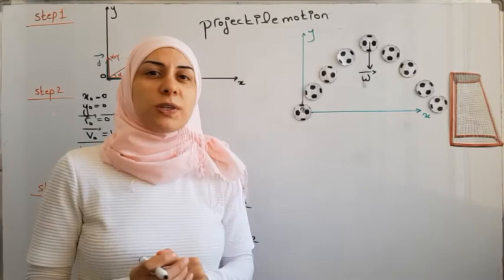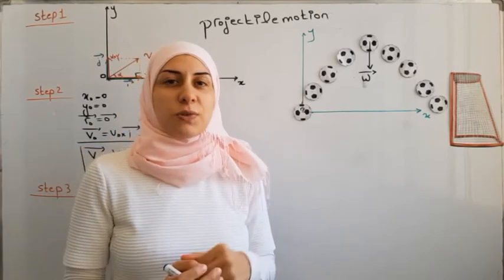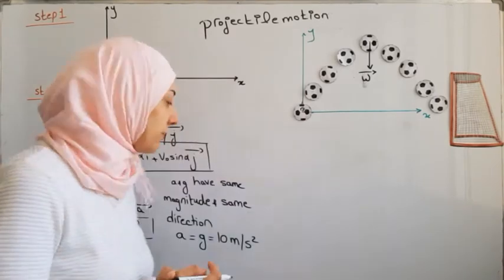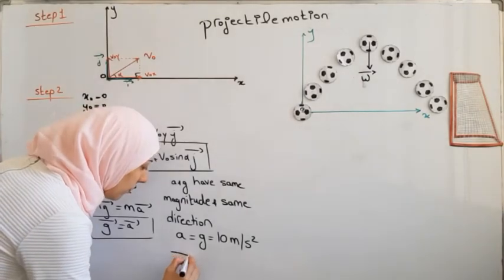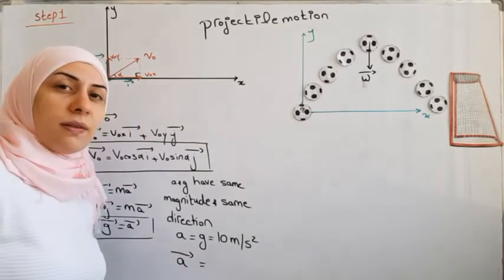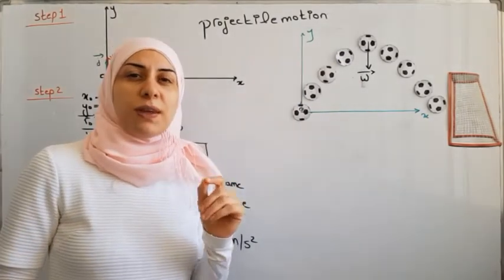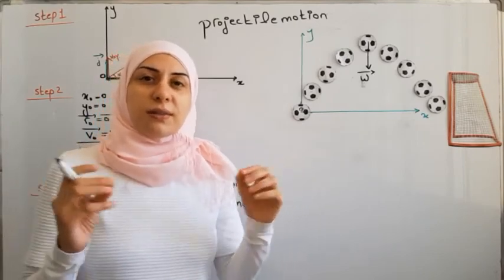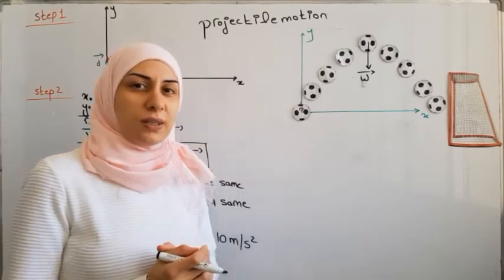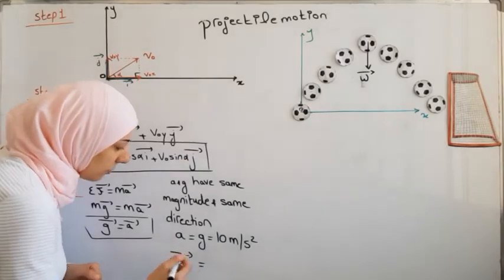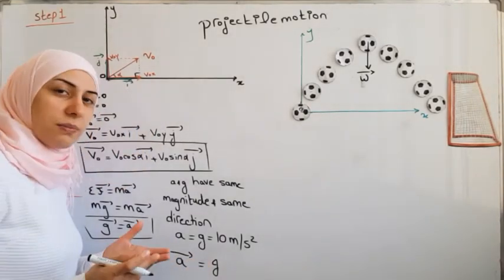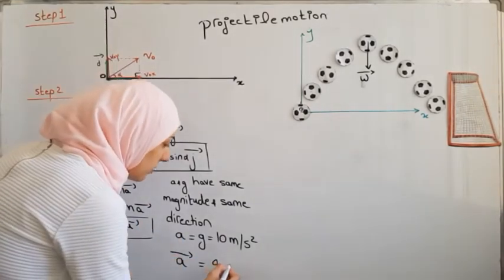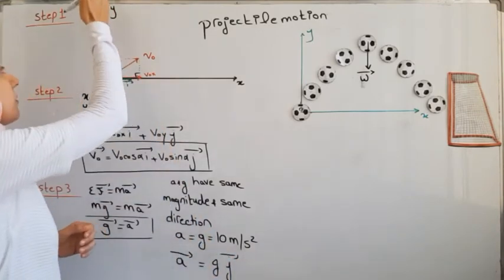We still have to express the acceleration vector a in terms of the xy system that we have. Since a is vertically downwards, it doesn't have a horizontal component. It only has a vertical component. So the magnitude of a is g, and it is on this line.